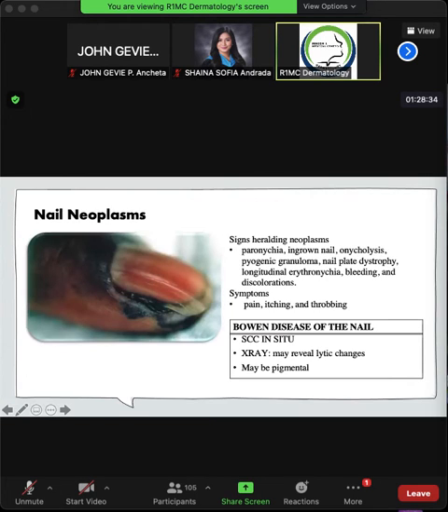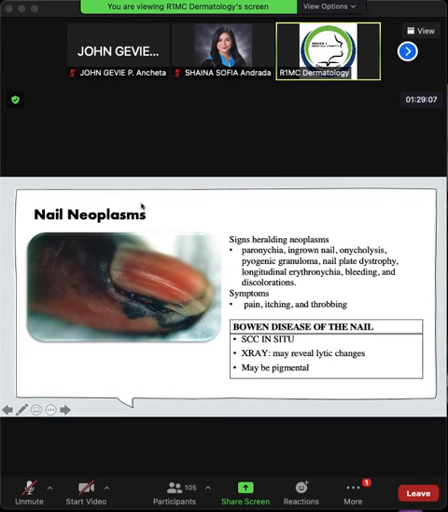So last are your nail neoplasms. For your benign tumors of the nails, they include your verruca, pyogenic granuloma, fibromas, myxoid cyst, Koenen tumors or angiofibromas, onychopapillomas, and epidermal cysts.